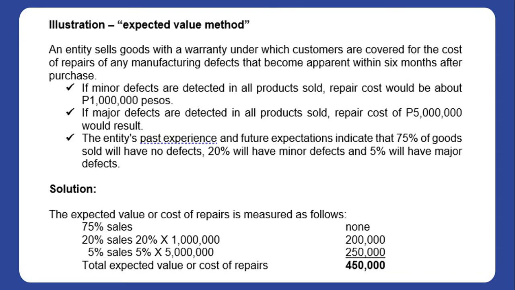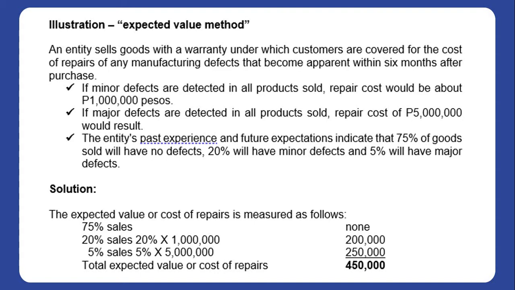So, an illustration for the expected value method: an entity sells goods with a warranty under which customers are covered for the cost of repairs of any manufacturing defects that become apparent within 6 months after purchase. If minor defects are detected in all the products sold, repair cost would be about 1 million pesos.